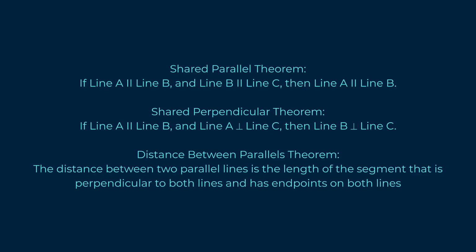Now, the other theorem on this page is the distance between parallels theorem. This denotes the distance between two parallel lines. This is important because usually when we talk about lines, they usually intersect. They're most likely not parallel. Most of the lines that we've been talking about so far have been intersecting lines.